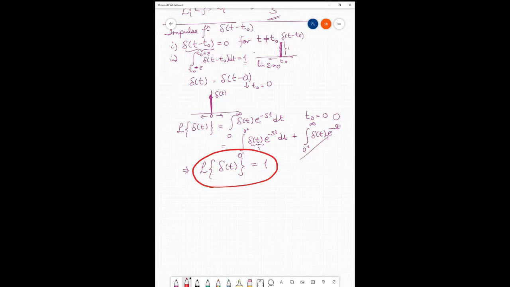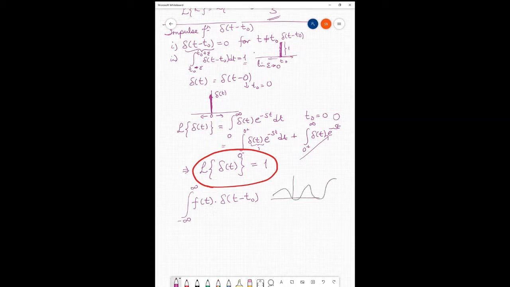The shifting property for a Dirac function tells us that if we have any function f of t, multiplied by Dirac t minus t0, and we take the integration from minus infinity to infinity, what does that tell us?